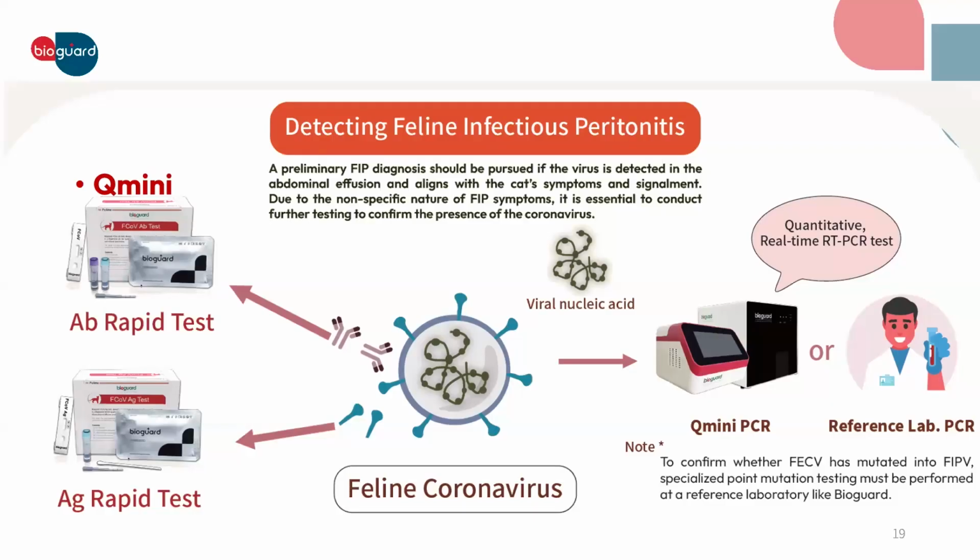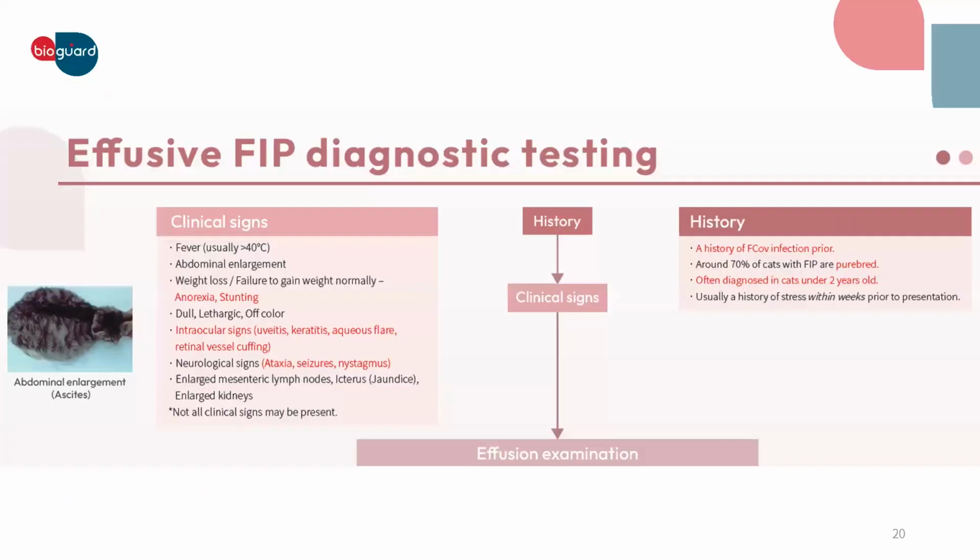However, if we go into detail of each test for the two forms of FIP, which are effusive and non-effusive, we can still use these in-clinic tests. For example, in the case of effusive FIP diagnostics, there are certain symptoms which are common, but some symptoms are specific for the effusive form of FIP.